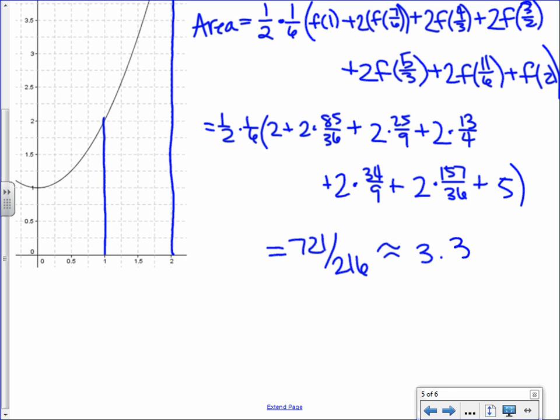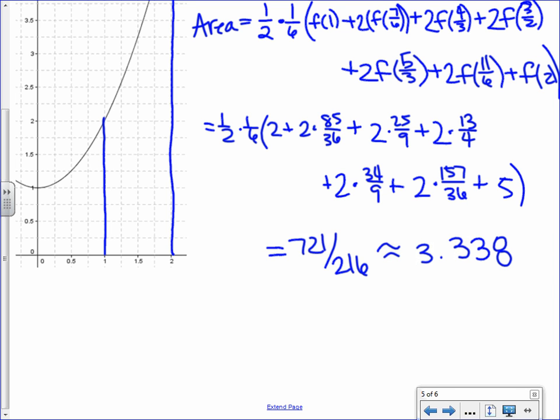Isn't it 3.338? 721 divided by 216. The hardest part is making sure all of your values are right and that you punch them in the calculator right.